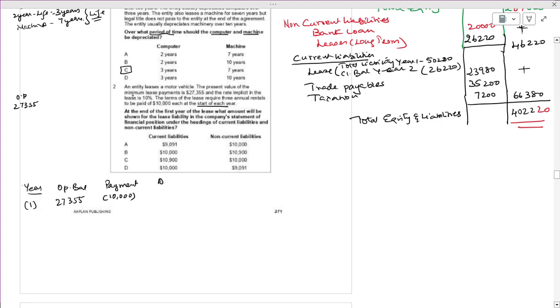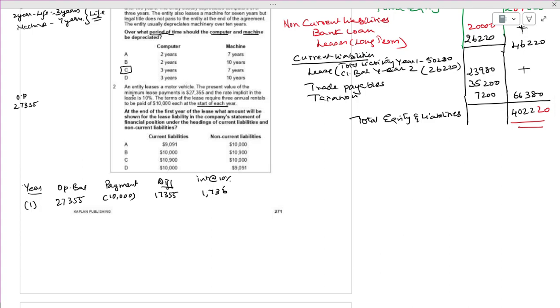How much is the difference? 17,355. Then you will calculate interest, 1,736.